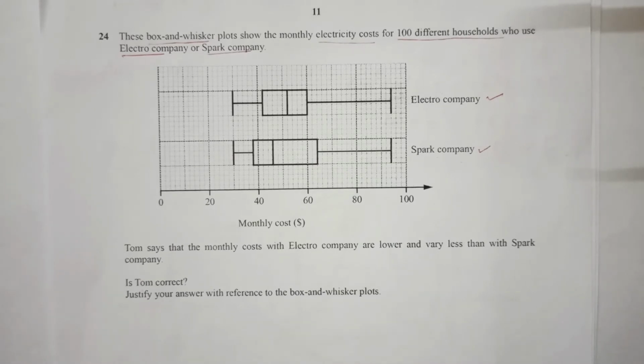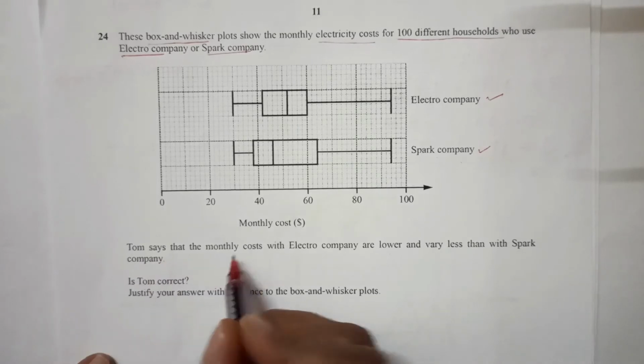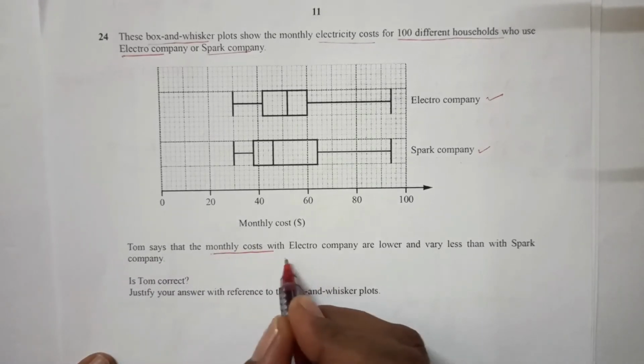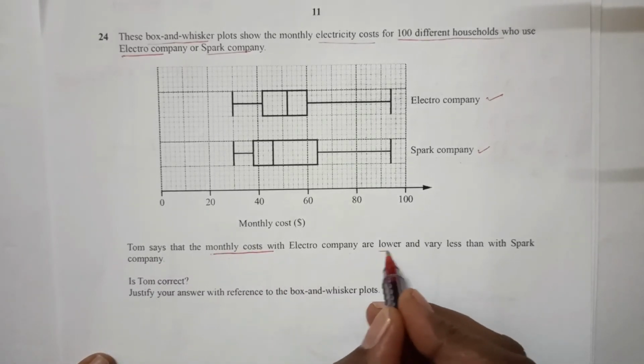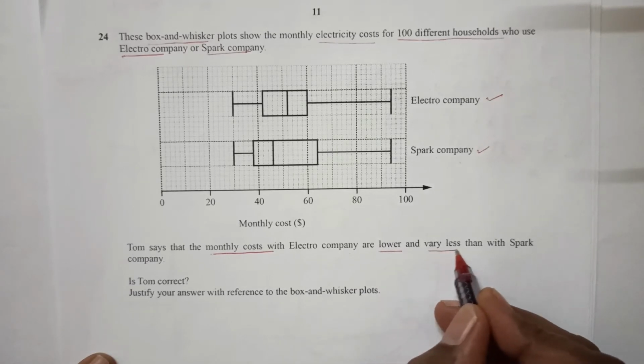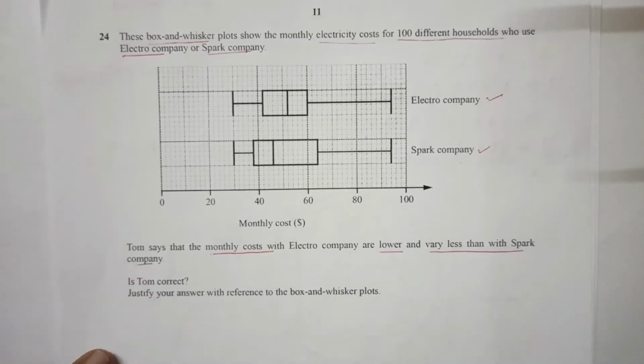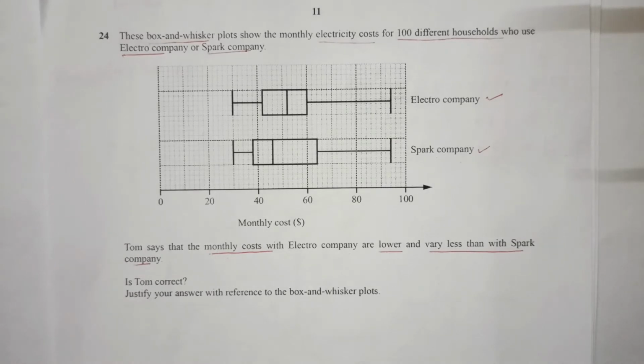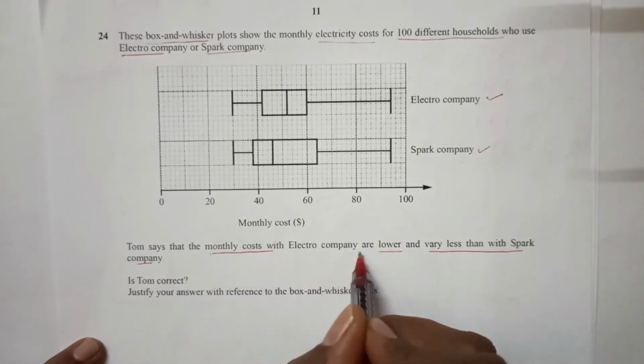You can see there are two claims here. Tom says that monthly cost with Electro company are lower and varies less than with the Spark company. We will go one by one to check this. The first thing is the monthly cost with Electro company.